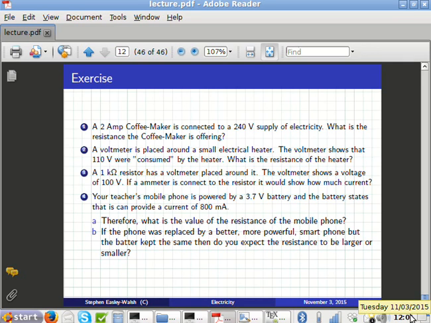Yes? Okay. So let's have a look at this one here. What's happening? You have your light bulb, and I put a voltmeter here. And what did I say the voltage was? 220 volts. And then I put an ammeter here.